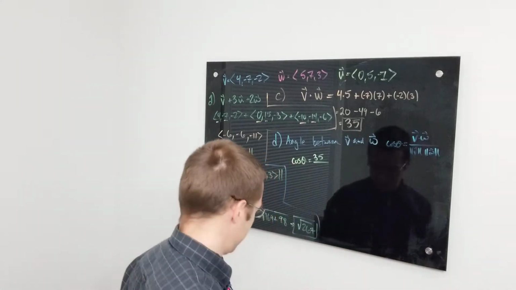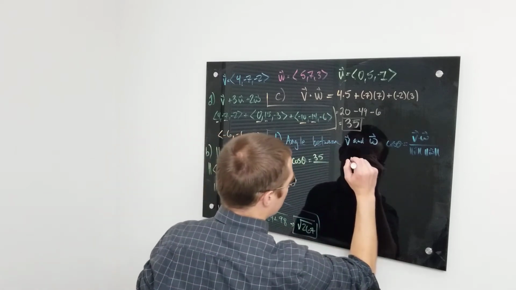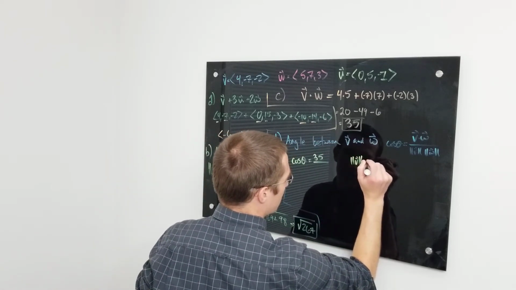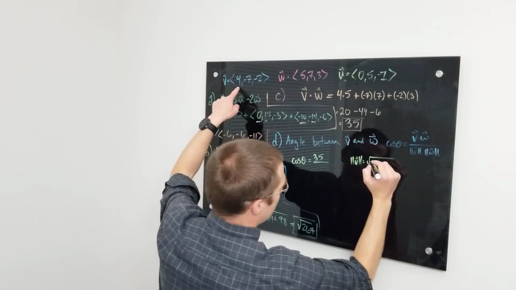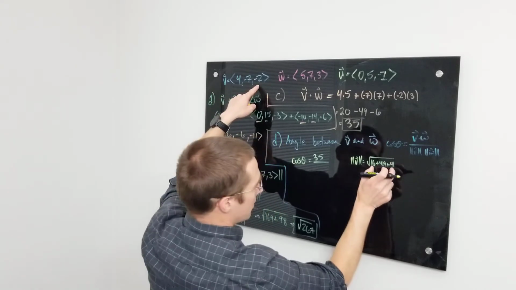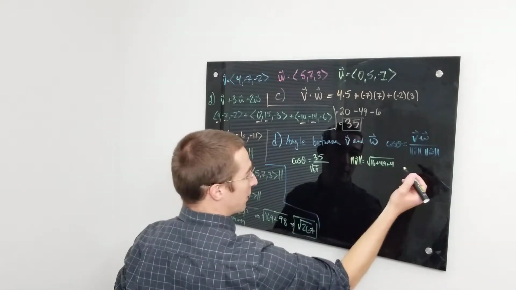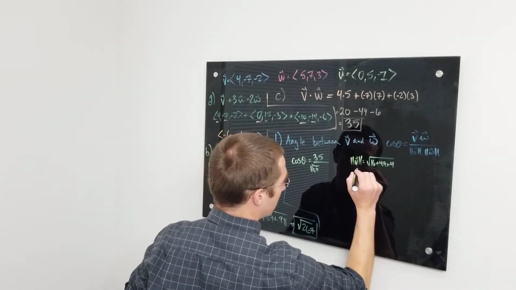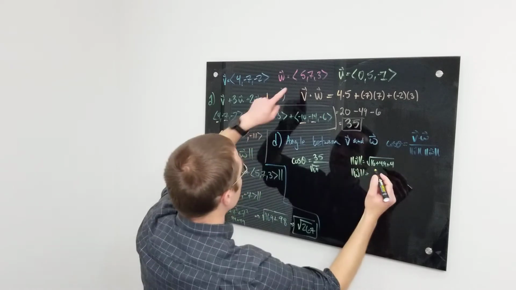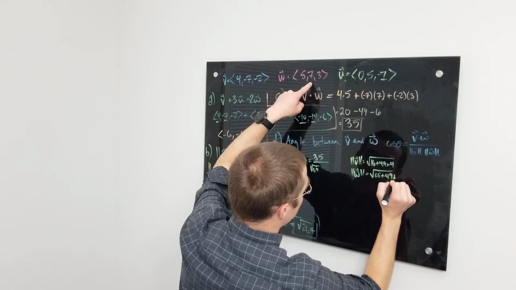I'm going to use my calculator for this. Let's just do this. V, square root of 16 plus 49 plus 4, that's 20, 69. So square root of 69, and then W, magnitude there is going to be 25 plus 49 plus 9.